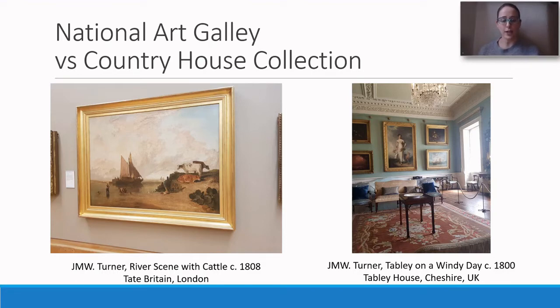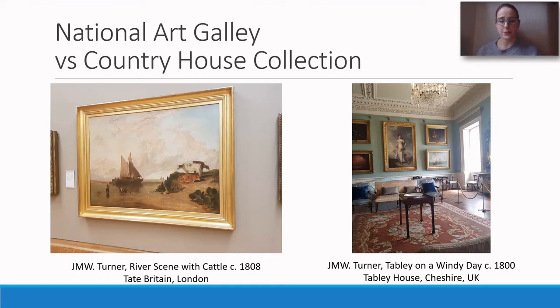The one on the right is at a big country estate in Cheshire, and they have it because Turner stayed there and painted it for the owner. It has a direct link to the property, and it stayed in the family right up until the collection was bought out.